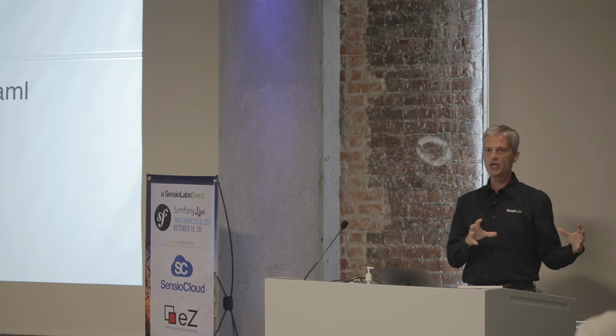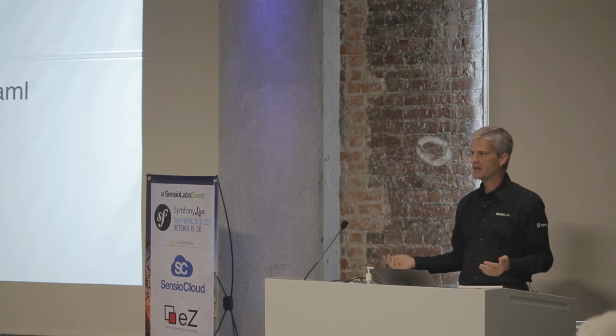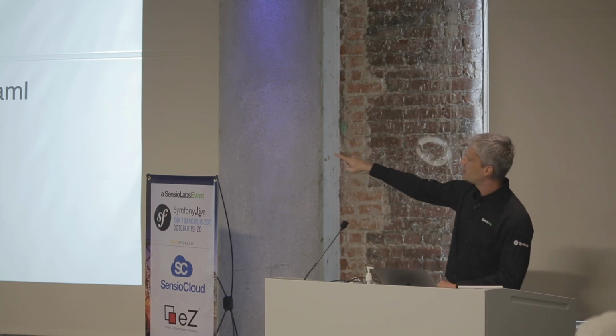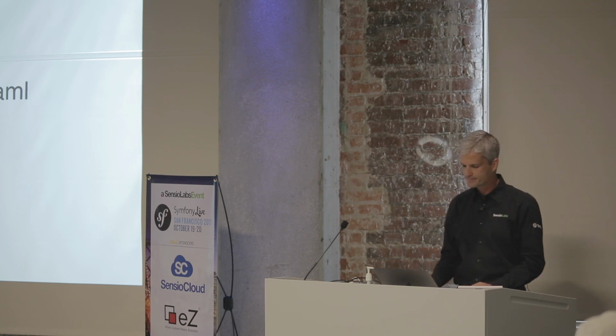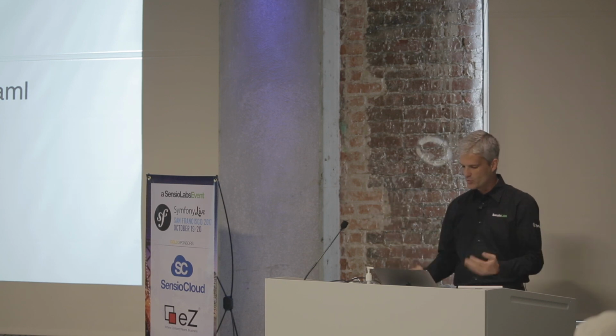Basically, one configuration file per bundle or package. It's not really just about bundles. That's why it's named config/packages and not config/bundles, by the way. And again, routes versus routing, and .yaml with an A, which is the standard.